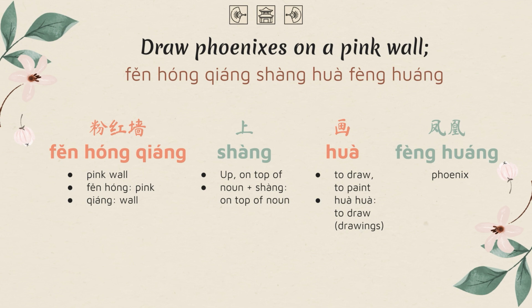The whole thing is 粉红墙上画凤凰. Literally, on the pink wall, draw phoenixes. That's actually a very typical word order in Chinese, where you put the place before the verb, because places are considered as adverbial phrases, and adverbial phrases tend to go before verbs in Chinese.